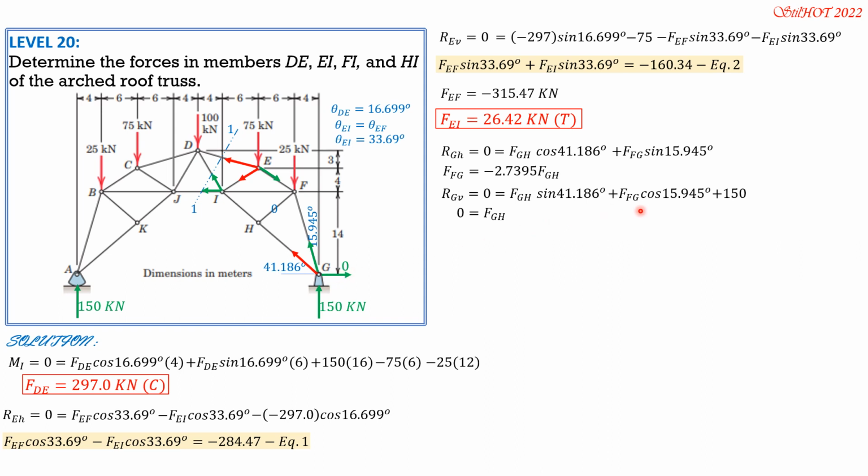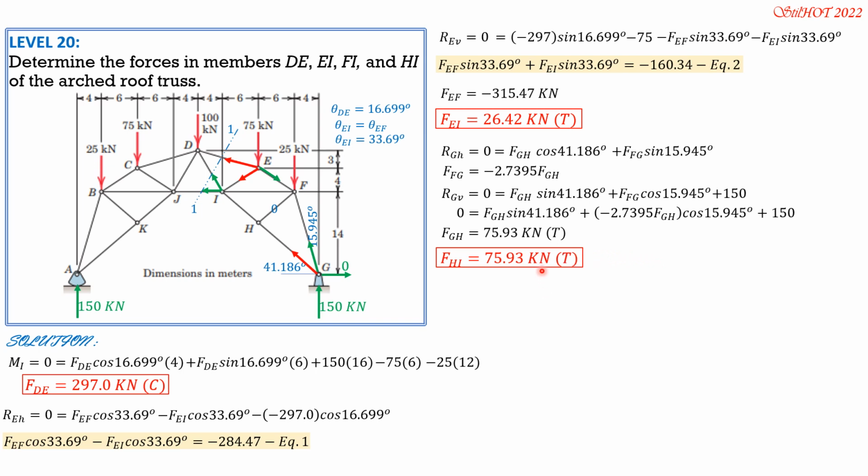So replacing FFG with negative 2.7395 FGH, cosine 15.945 degrees plus 150. Now we can solve FGH, the only unknown in this case. So FGH is equal to 75.93 kilonewtons. It is positive, so it is tension. Since, as mentioned earlier, FGH is FHI, so FHI is 75.93 kilonewtons tension.